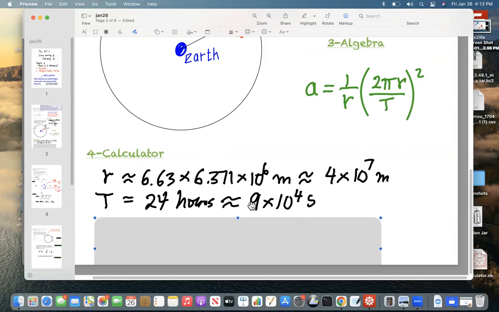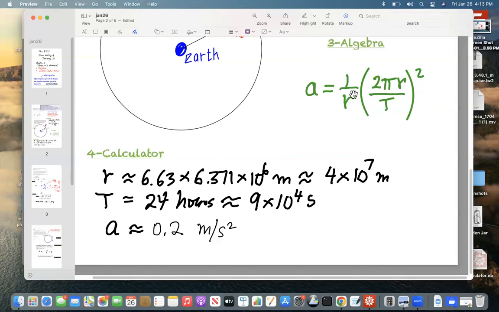That'll turn out to be about 9 times 10 to the 4th seconds. Obviously, you have to have everything in standard units, so I'll get a in standard units. And you put this in your calculator, well, okay, you get it more accurately, but roughly 0.2 is the number.